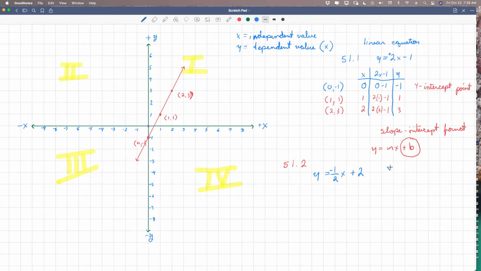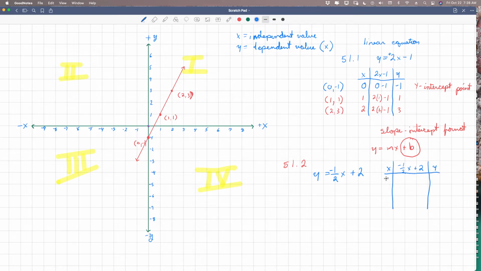So let's do our x. Let's do our negative 1/2 x plus 2, and then we'll do our y. We'll draw our table right here.